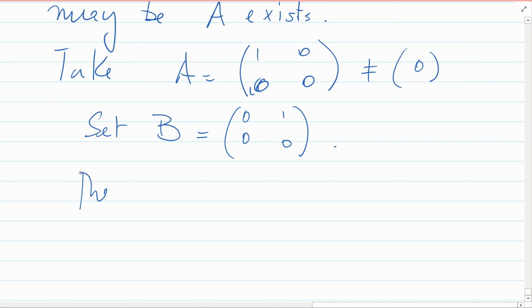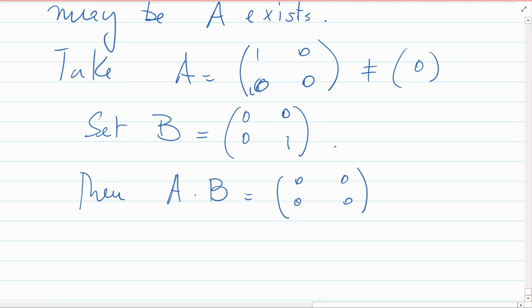Then A times B, a simple exercise of multiplications. Simple calculations will give me the zero matrix, 0, 0, 0, 0.